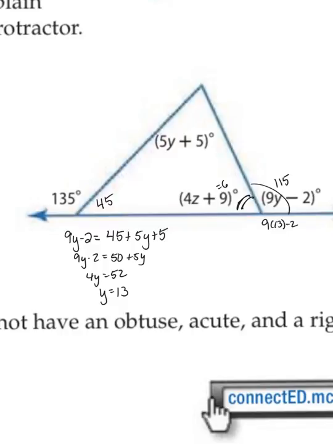So this angle has to equal 65. So my 4z plus 9 is a 65-degree angle. If I take 65 and subtract 9, that's going to give me 56. So z is going to be 14. And yes, that is correct.